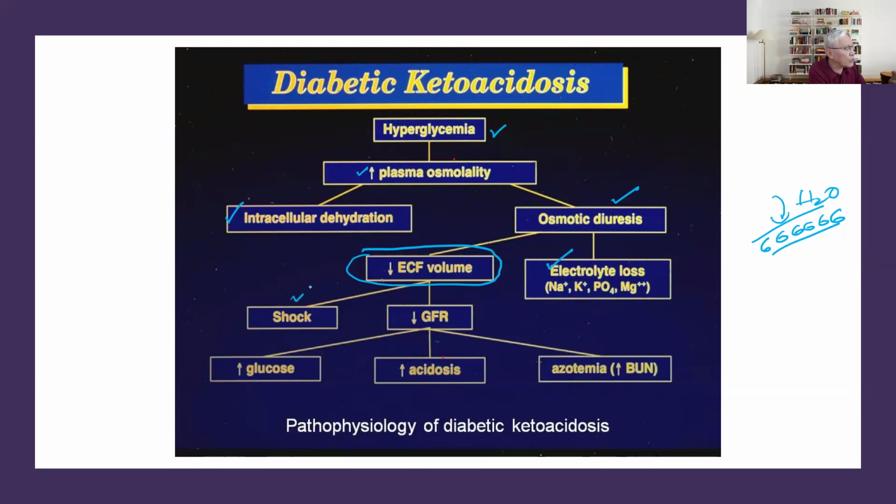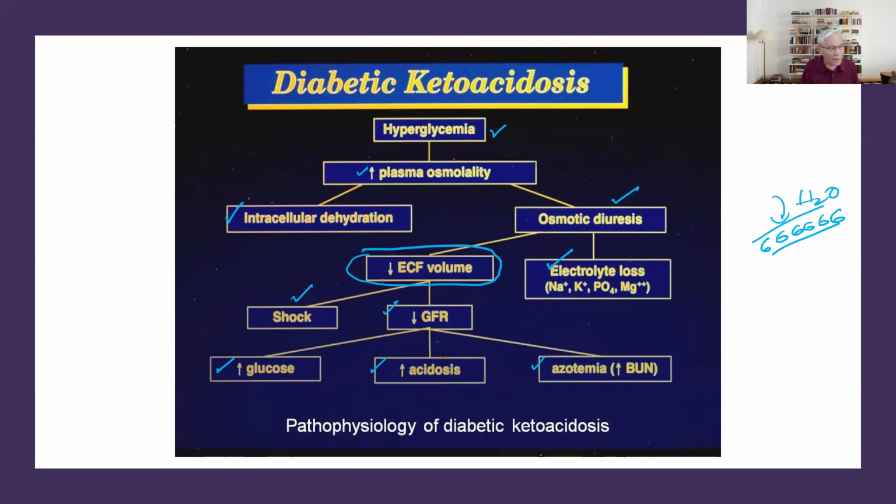This would result in shock, in a decrease in glomerular filtration rate, and therefore it would cause more acidosis. It will increase BUN, and it still will increase your glucose. So this is the pathophysiology of your diabetic ketoacidosis.